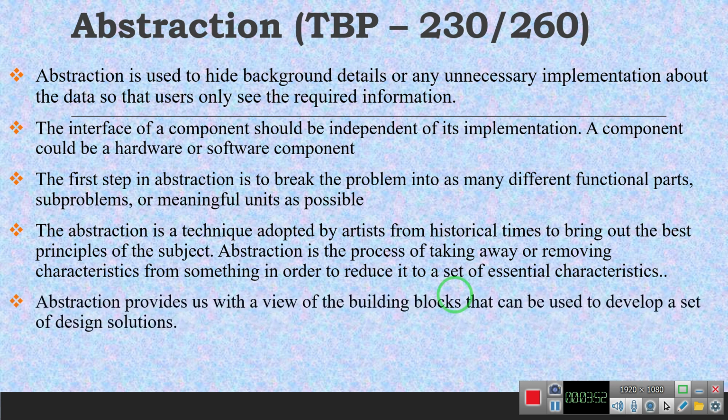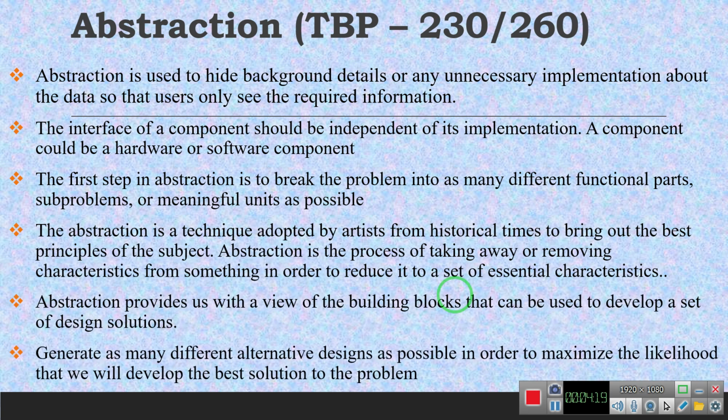Abstraction provides us with a view of building blocks that can be used to develop a set of design solutions. So we write down the abstract of the problem in blocks, like a set of problems, or functional parts. We write in small blocks, meaning small paragraphs or small sentences.